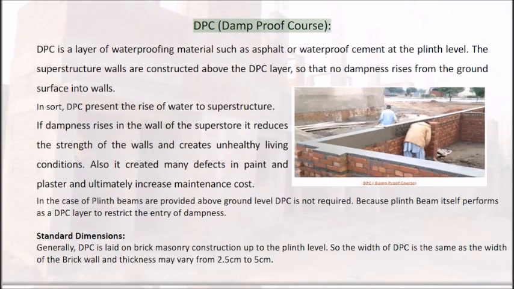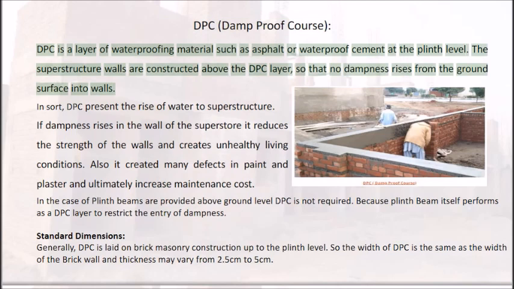DPC, damp-proof course. DPC is a layer of waterproofing material such as asphalt or waterproof cement at the plinth level. The superstructure walls are constructed above the DPC layer, so that no dampness rises from the ground surface into the walls.